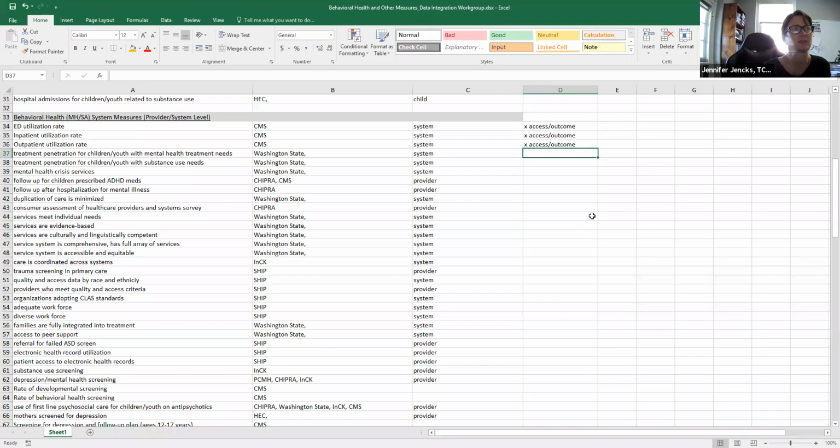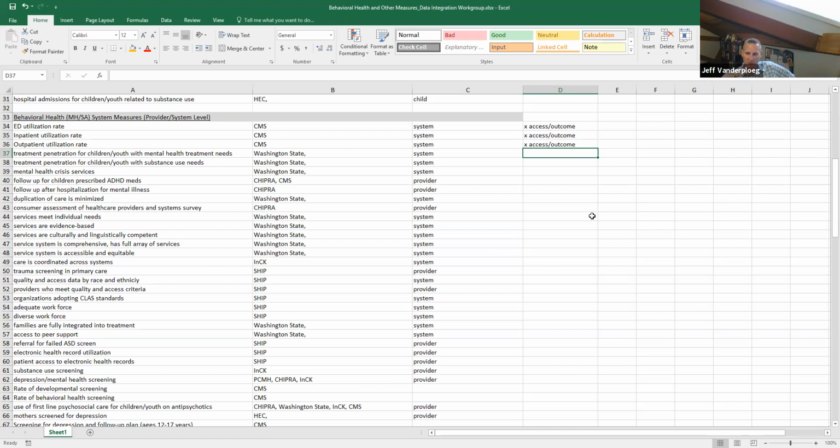Do we know what the definition of treatment penetration is? I don't actually. I have this list as a list of indicators without much of a data dictionary behind each one. But my guess is that it's what I would like to think it is: among a population that are known to be in need of services, what percentage actually receives services.